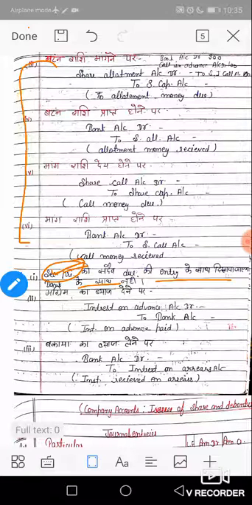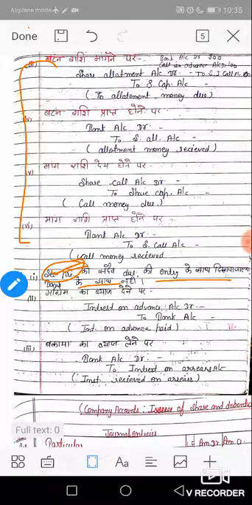Okay, now the next question is whether the security premium is due with application, allotment, or call. It works according to the information given. If the security premium is deposited with application, then we show it with application. If with allotment, then we show it with allotment. If with call, then we show it with call.